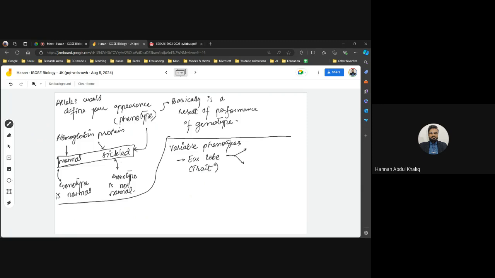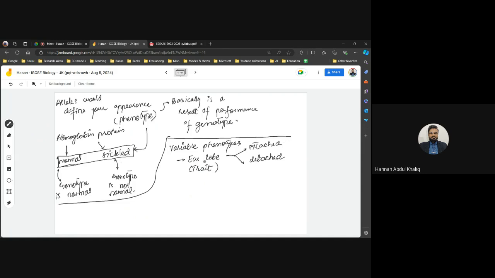Remember, earlobe is a trait. It has two phenotypes. One is attached, the other one is detached. You may have heard about these variations in the junior classes. So, attached or detached.